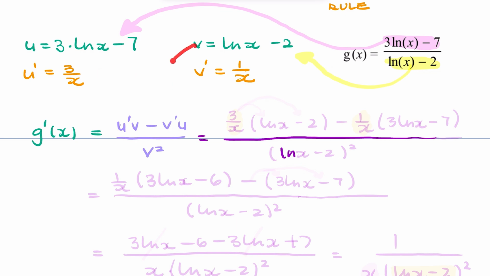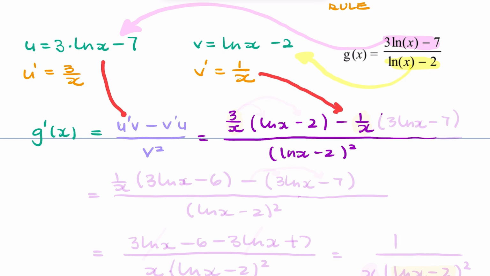So that's ln x minus 2 squared. The numerator is u dash, that's 3 over x, multiplied by v, which is ln x minus 2, minus v dash u. So that's 1 over x times 3 ln x minus 7.